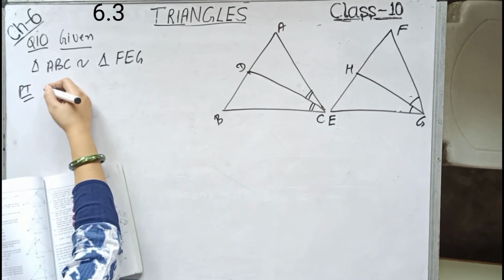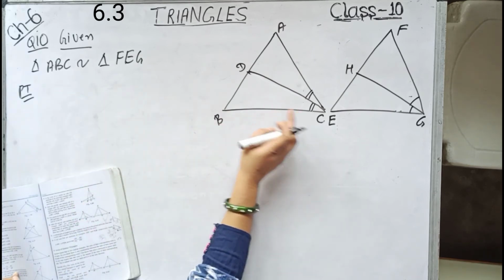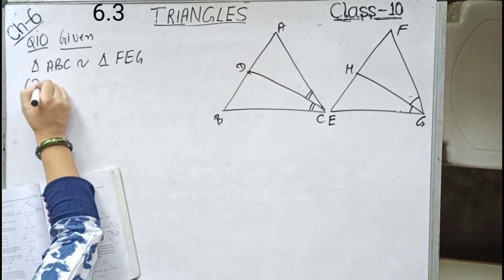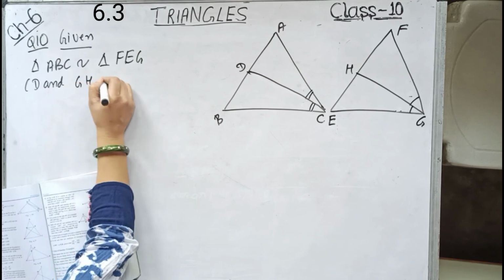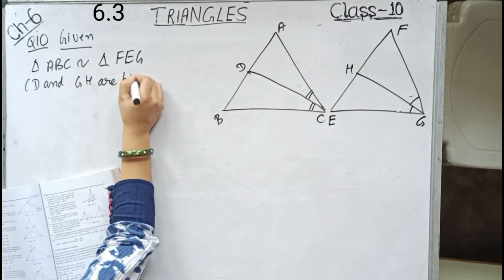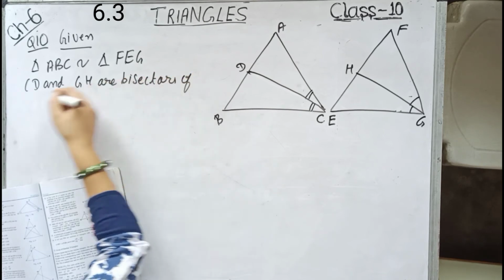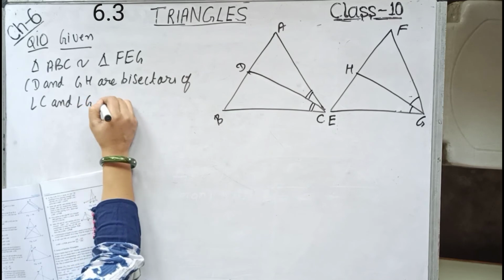Also it is given that CD and GH are the bisectors of angle C and angle G respectively.